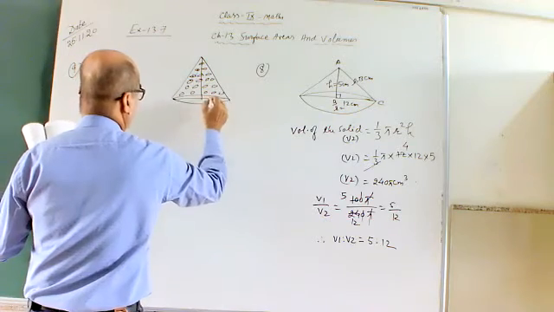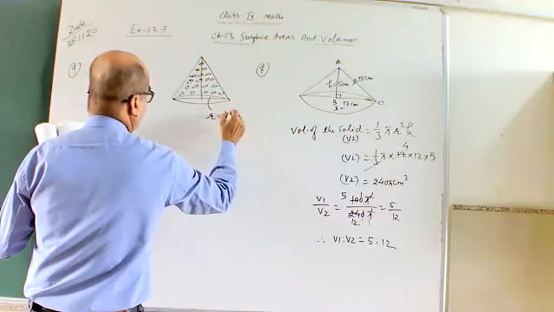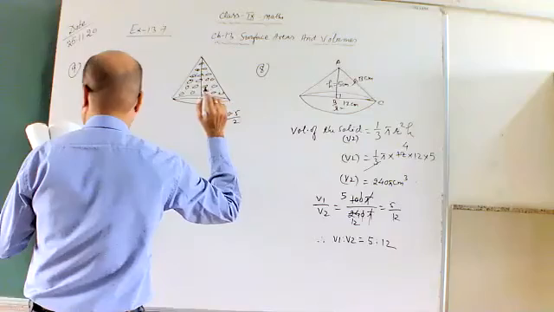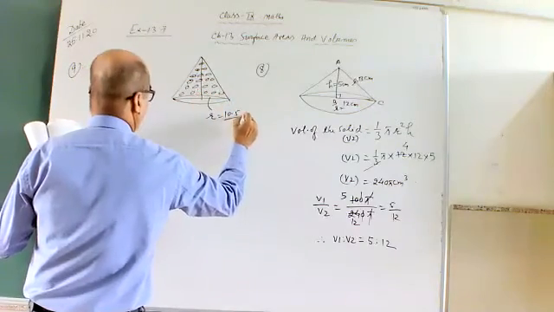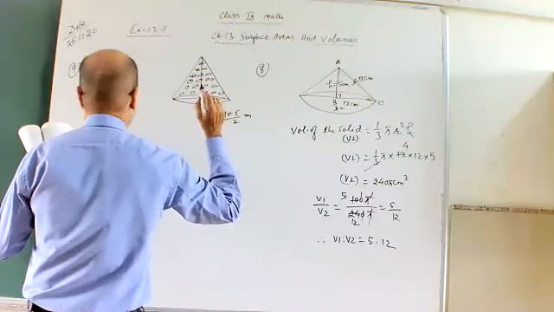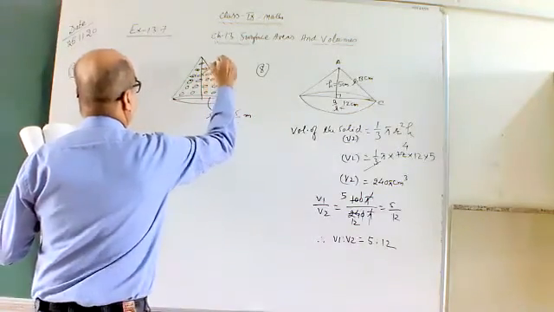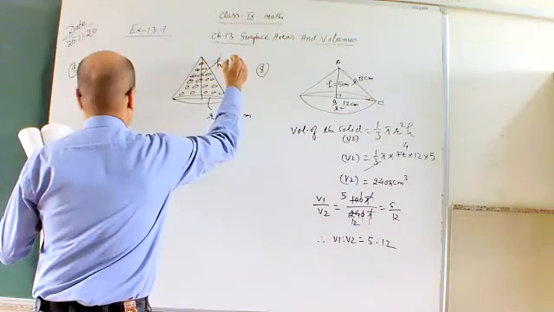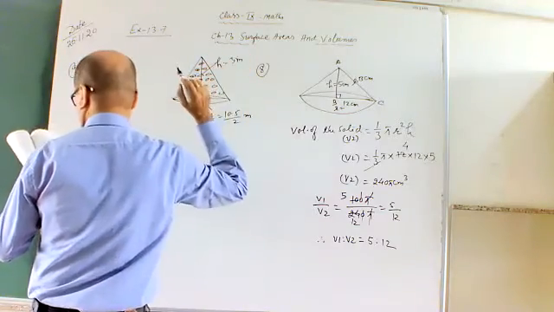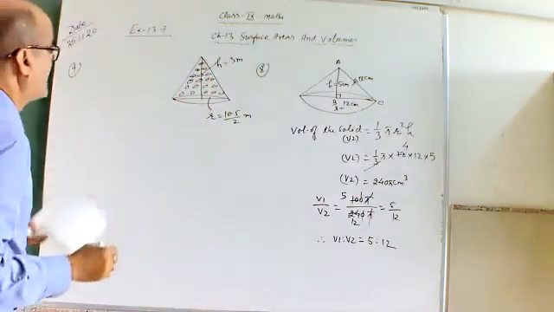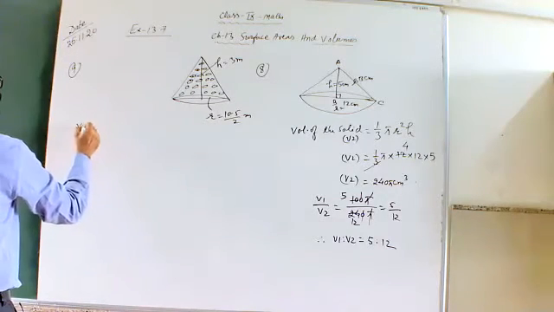So diameter means radius will be equal to 10.5 by 2, okay, meter. And the height is 3 meter. So find its volume. It is very simple.